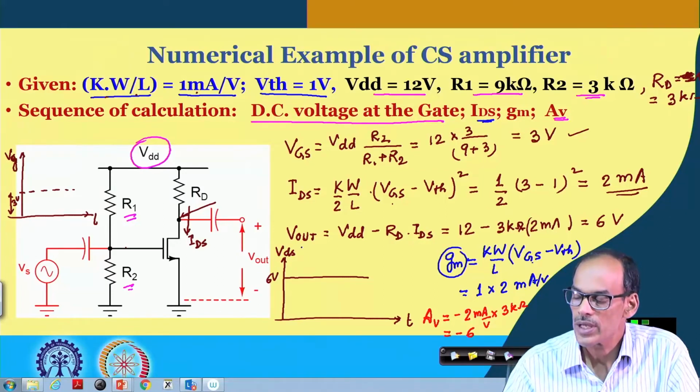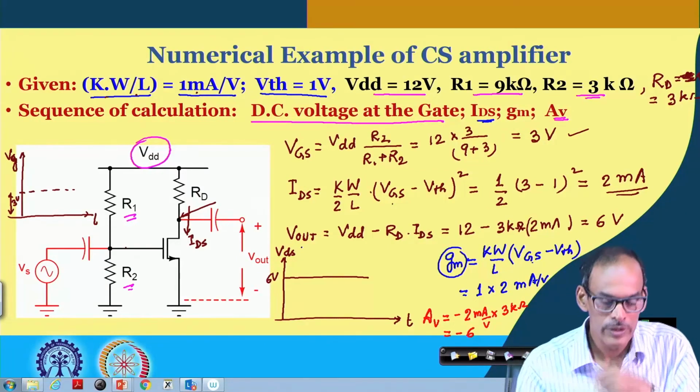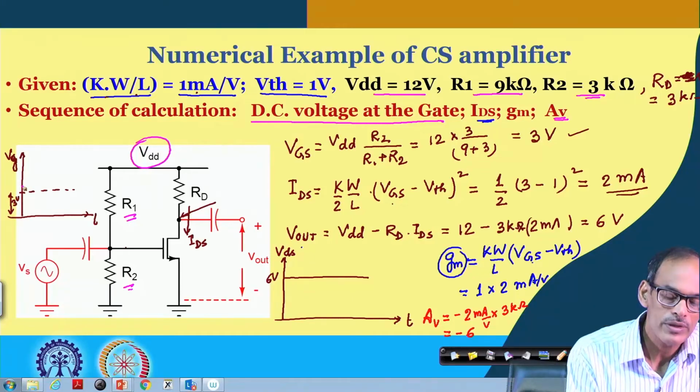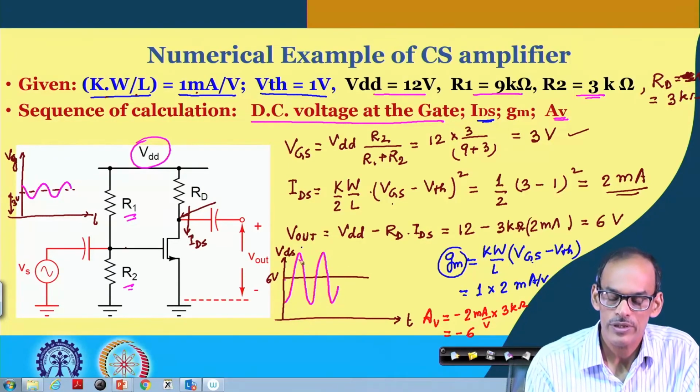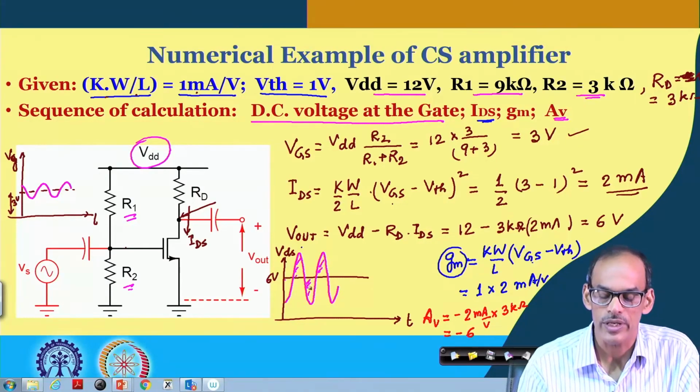And so, at the input, if we are giving say a sinusoidal signal, at the output we are expecting the corresponding effect coming here. So, let us try to see what is the corresponding signal swing, or maximum swing, we can get.